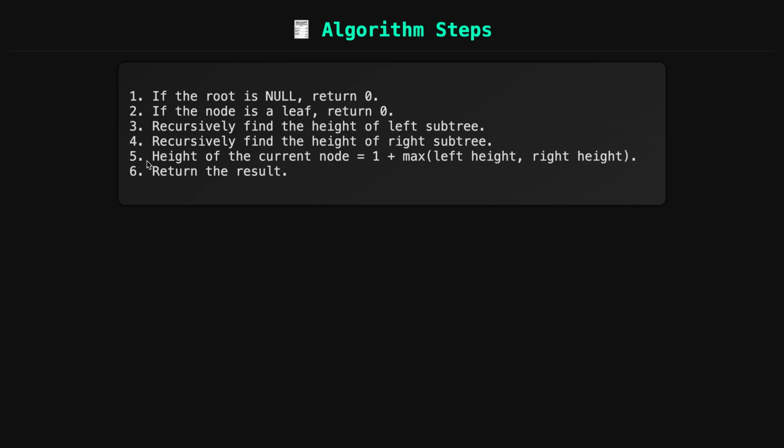Finally, we add 1 to represent the edge connecting this current node to its deeper subtree, wherever we found the maximum height out of the left or the right subtree. And at the end, we return this total that we calculated as the height from this node downward.